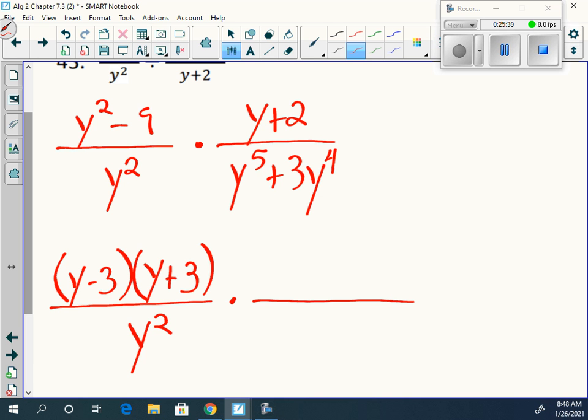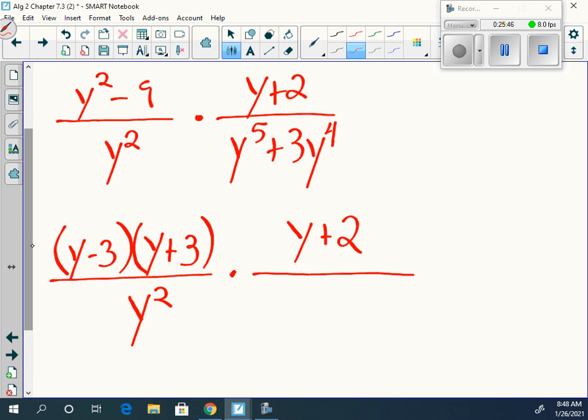Now on top we have what? Can we do anything with that? No. How about the last one? Y to the 5th plus 3y to the 4th. We can take out y to the 4th. Now what does that leave us with?